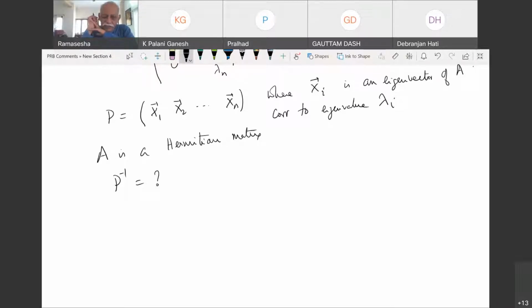What is xi, xj? It is 0 for i not equal to j. You must learn to think in terms of Kronecker deltas. It is delta ij here, not 0 when i is equal to j. So what is P inverse given by?